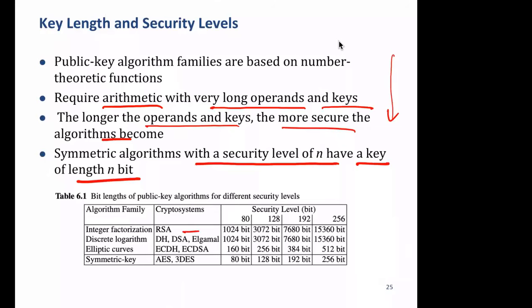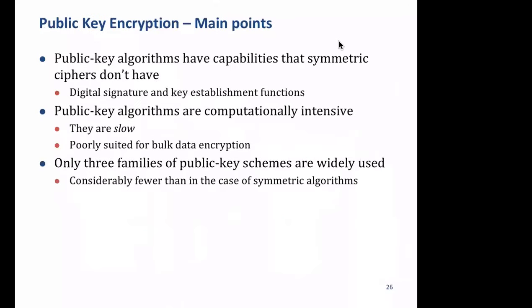Like RSA, which we'll study now, it will have 1024 bits, 3072 bits, or 15360 bits. It's quite a large size. In comparison to public key, symmetric key sizes are generally small: 80 bits, 128 bits, 192 bits, or 256 bits.